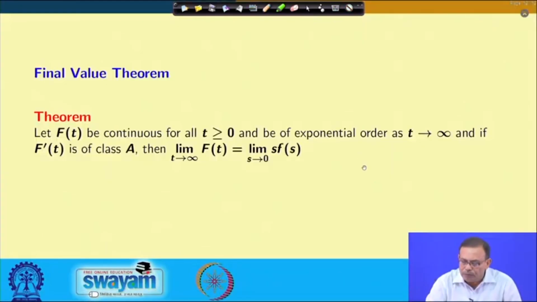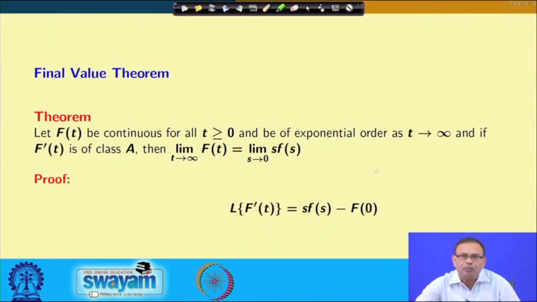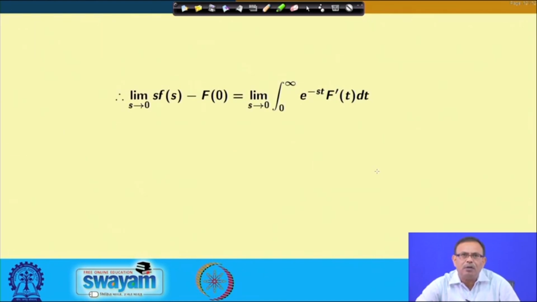So, let us quickly go through this once more. From here, we are getting the integral from 0 to infinity of e to the power minus s t f dash t dt equals s F(s) minus f(0). We are now making s approach 0 in this limiting value. We are putting the limit inside the integration without changing the notation.